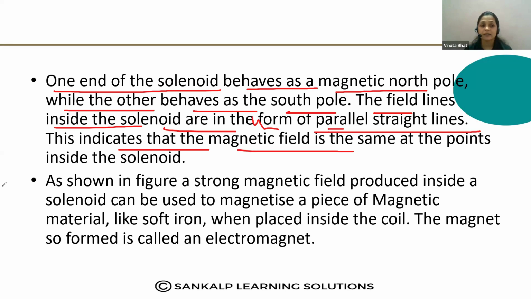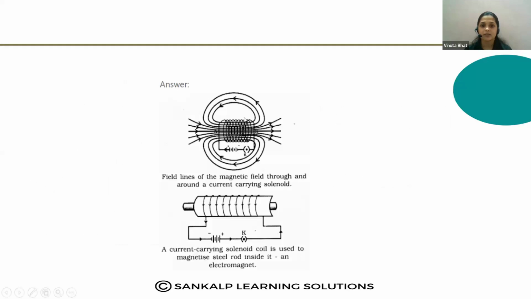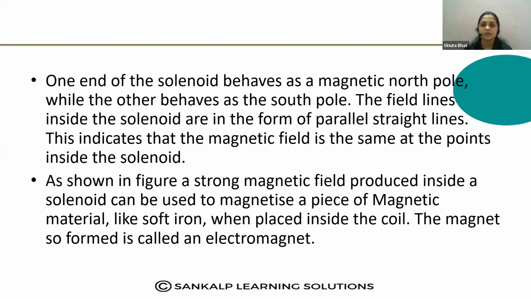And how does it act as a bar magnet, as shown in the figure? So I will show the diagram here. This is the solenoid. The magnetic field produced inside the solenoid can be used to magnetize a piece of magnetic material. The magnetization is done inside this solenoid, and the magnet which is formed due to this is called an electromagnet.